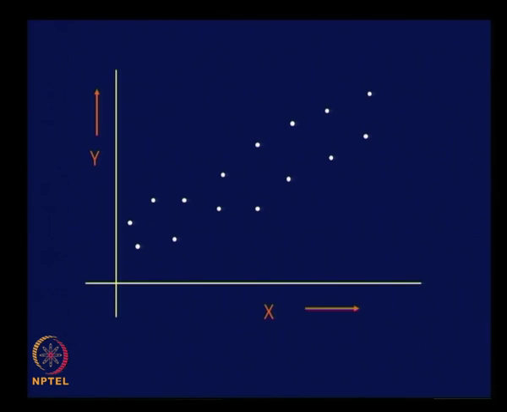Let us say we try out several possibilities and finally feel that this straight line may give a good fit. This line can be named as a regression line, and this is the equation of the straight line.